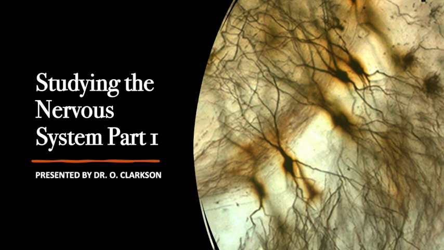Then you have layer 2, a granular layer. When you hear the term granular, it literally looks like little granules on a light microscope slide. It also receives inputs from the outer layers of the cortex.